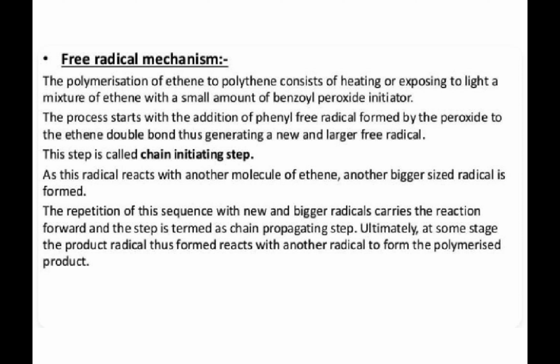You can see this process keeps on repeating. The sequence is repeated with new and bigger radicals, carrying the reaction forward, and this step is known as the chain propagating step. Finally, at some stage the product radical reacts with another radical to form a polymerized product.